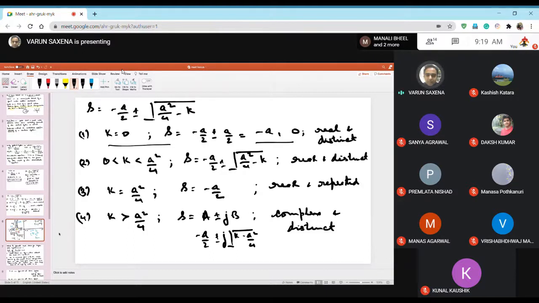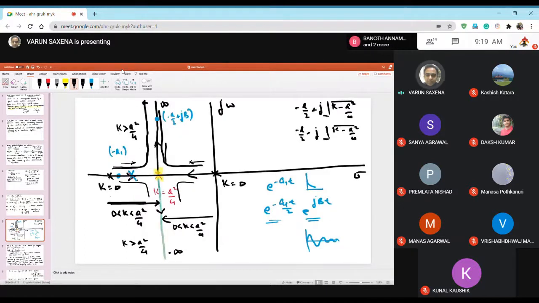And then using that, I plotted this graph of the S plane. So k equal to 0, this meant minus a, location of the root of the characteristic equation. K equal to 0, this point meant the root of the characteristic equation, which is 0.